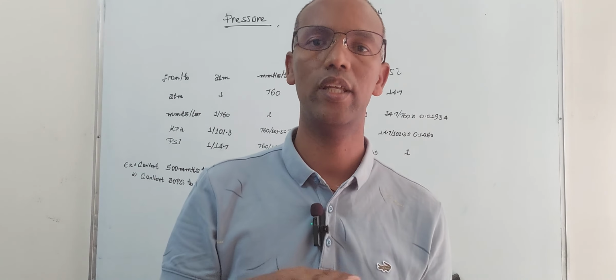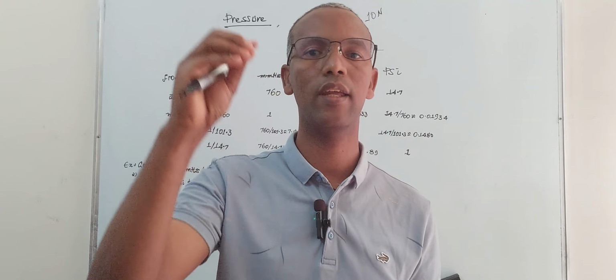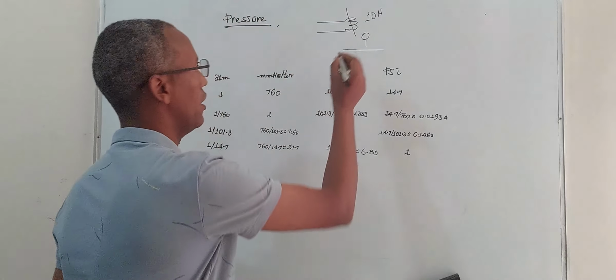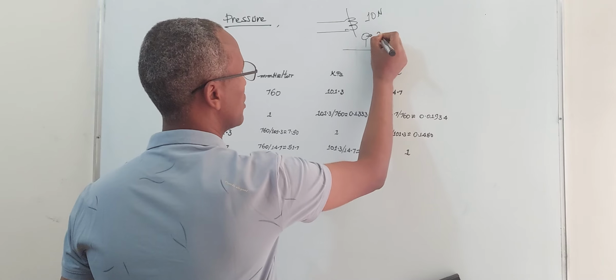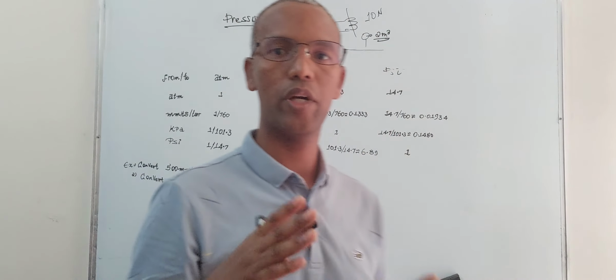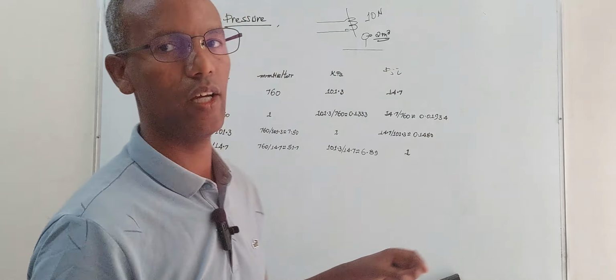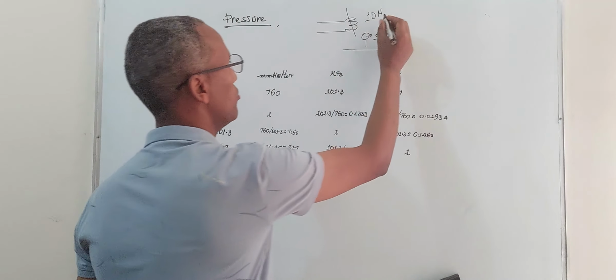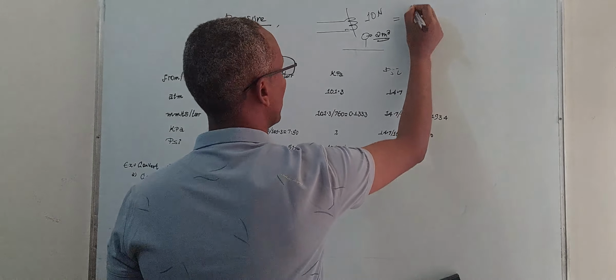Let's say you apply a 10 Newton force on that nail, and the area of this nail is 2 meter square.